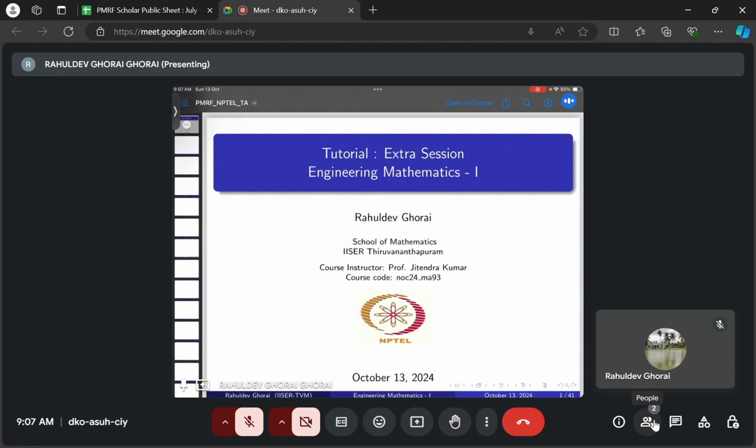We'll mainly recall those things a little bit, and also do some problems from higher order linear differential equations, and at the end I would like to do some problems on the mean value theorem and Rolle's theorem, which I felt were interesting. That's how we will end today's session.